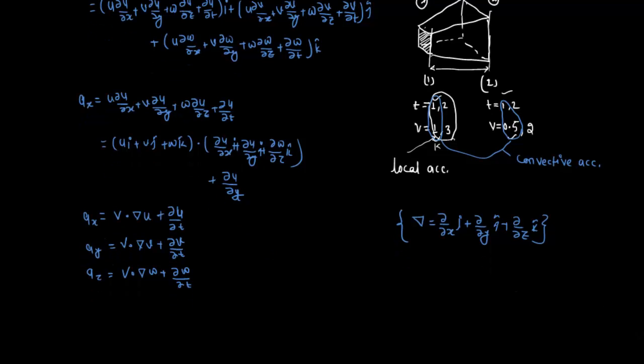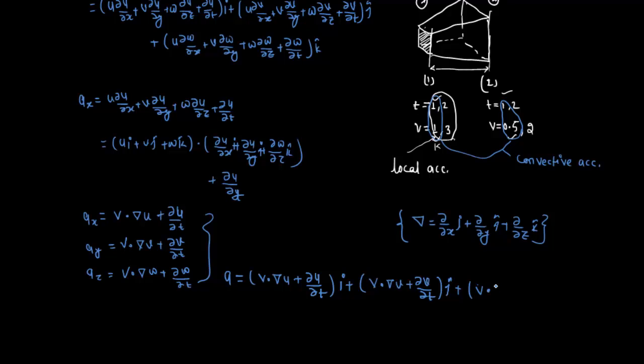So when we put these values of ax, ay, and az here, this equation becomes: a will be equal to V dot del u plus del u by del t i cap, plus V dot del v plus del v by del t j cap, plus V dot del w plus del w by del t k cap.